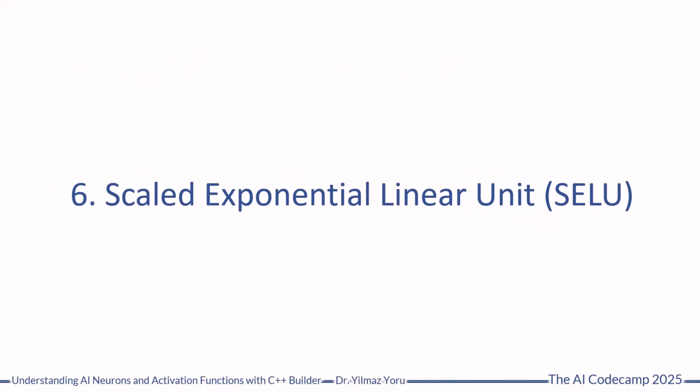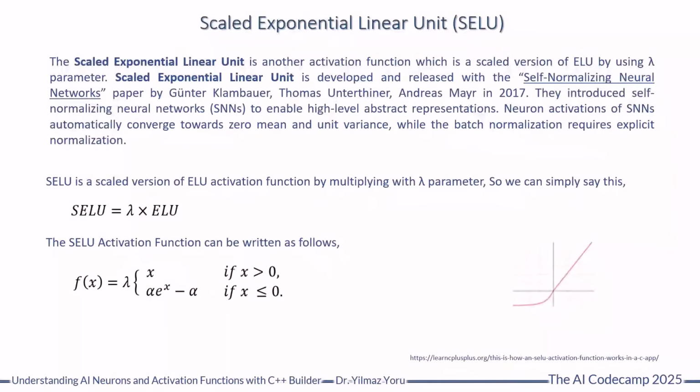The sixth one is the scaled exponential linear unit, SELU. It's another activation function released with the self-normalizing neural networks paper in 2017. They introduced self-normalizing neural networks to enable high-level abstract representations.